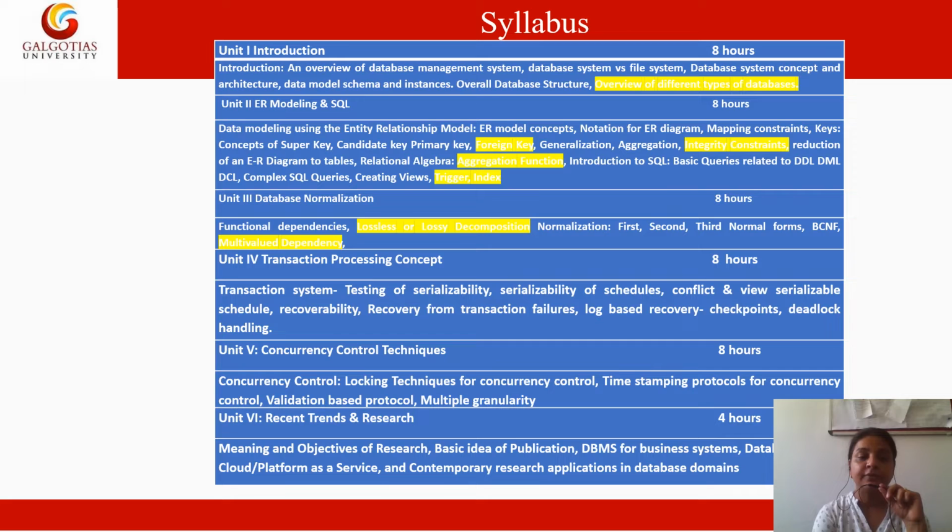Unit number 5 consists of concurrency control techniques. It means if more than one process is running at the same time, then how we will ensure concurrency control.